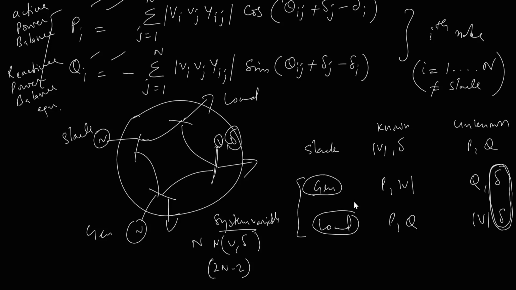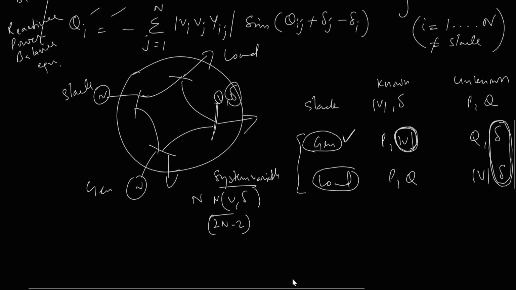But actually some voltage quantities are defined, voltage magnitudes are defined at generator buses. So ultimately, from 2n minus 2, they are reducing.